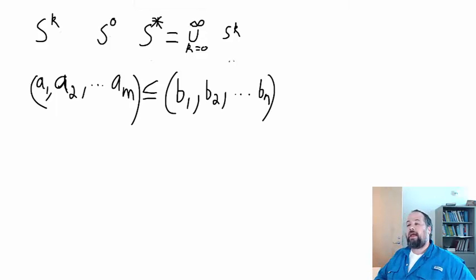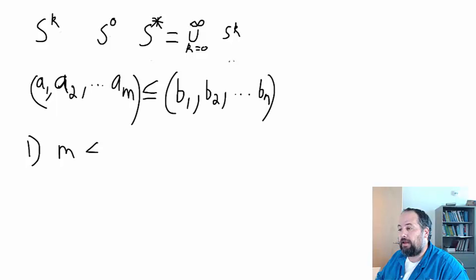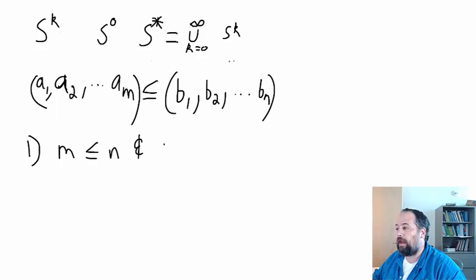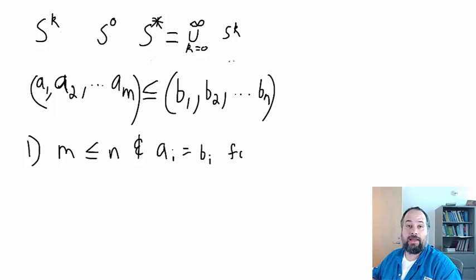We say that the A string comes before the B string if either of the following conditions are true. If M is less than or equal to N and A sub I equals B sub I, for I equaling 1 going all the way up to M, right?